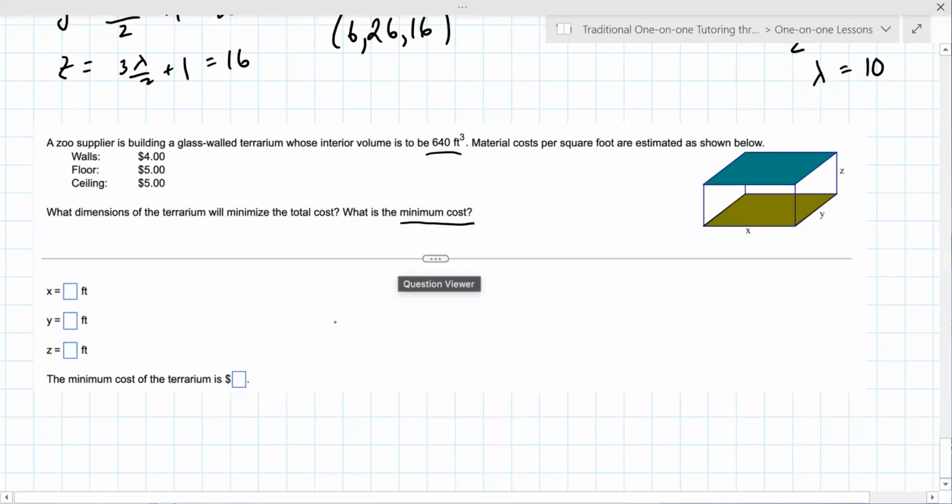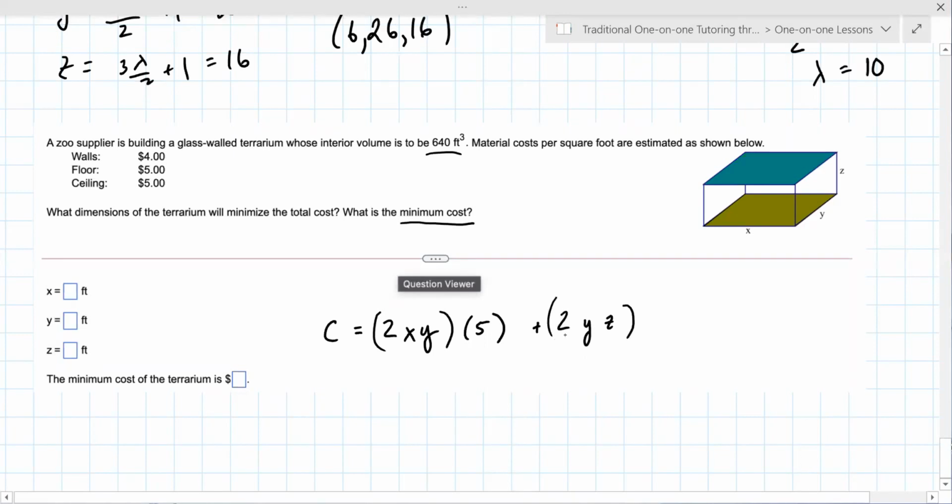The cost is the amount that it costs for an X, well, I'm sorry, there's XY, but there's two of those, and then there's a cost associated with this. The floor is $5. Then there is a wall, a YZ, and there's two of those.